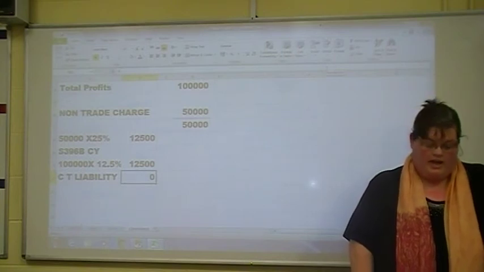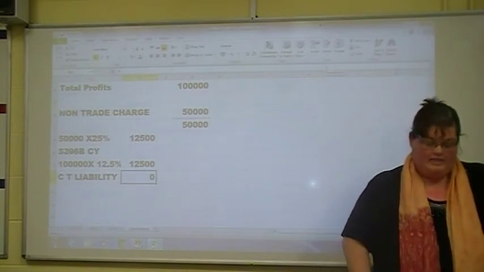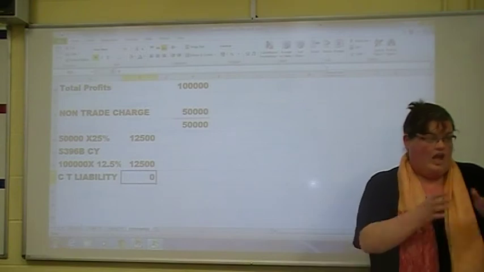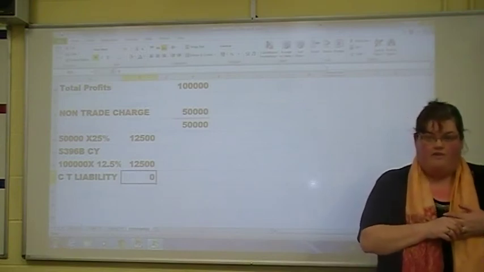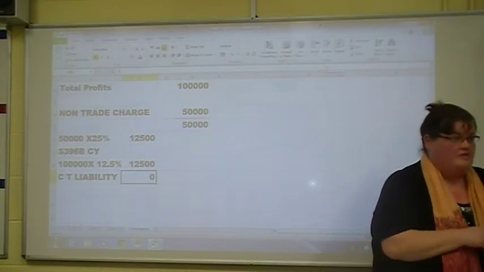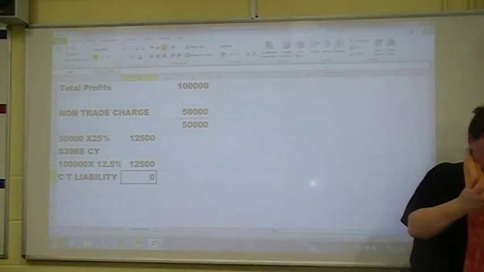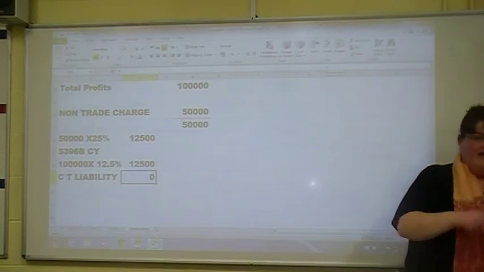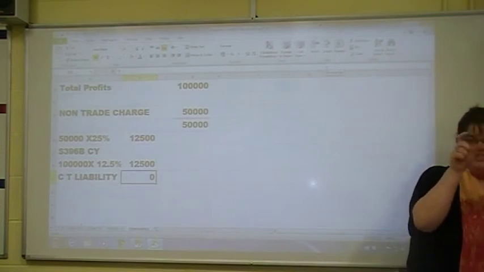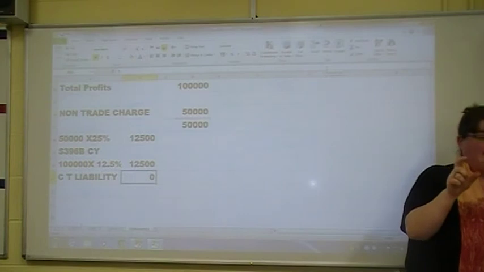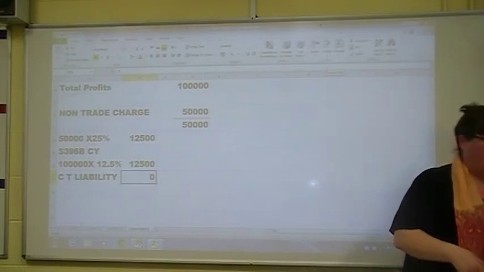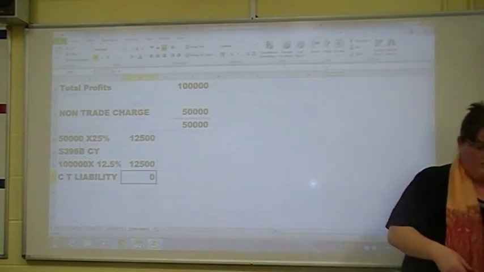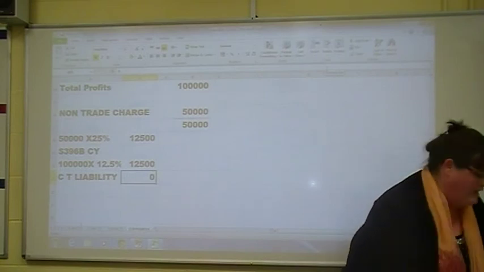Okay, so technically we're not actually claiming that non-trade charge, and what we're going to do is reduce the amount of loss we have to carry forward. It's the same difference, as if we did not claim the 50,000 at all and just used section 396B, but it complicates things by doing it first and then disallowing it after. So we actually have to go back and disallow that.